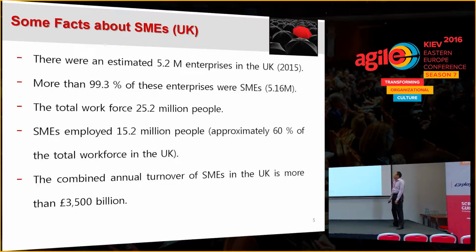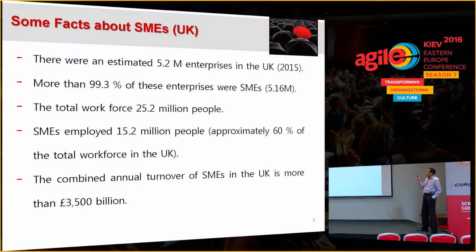Let us look at some facts about small and medium-sized companies. We have in the UK more than 5.2 million companies, according to the statistics of 2015. More than 99.3% of these companies are small and medium-sized companies.